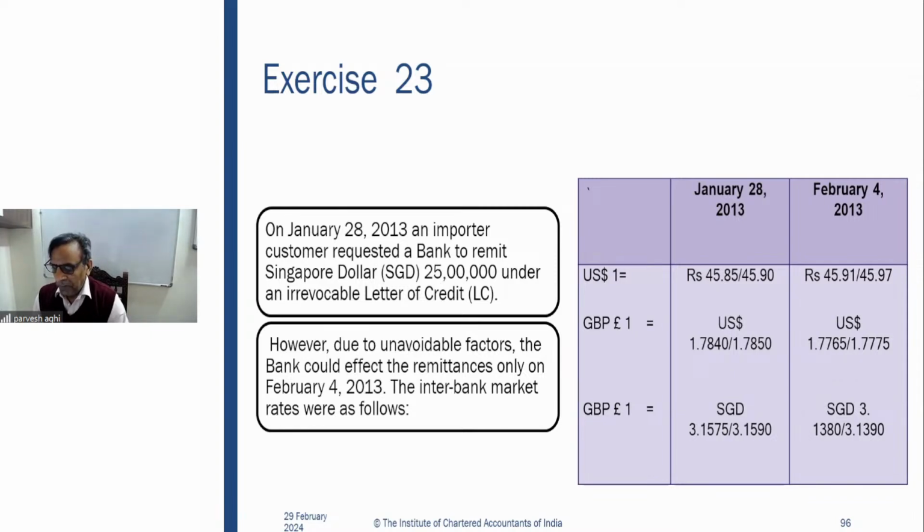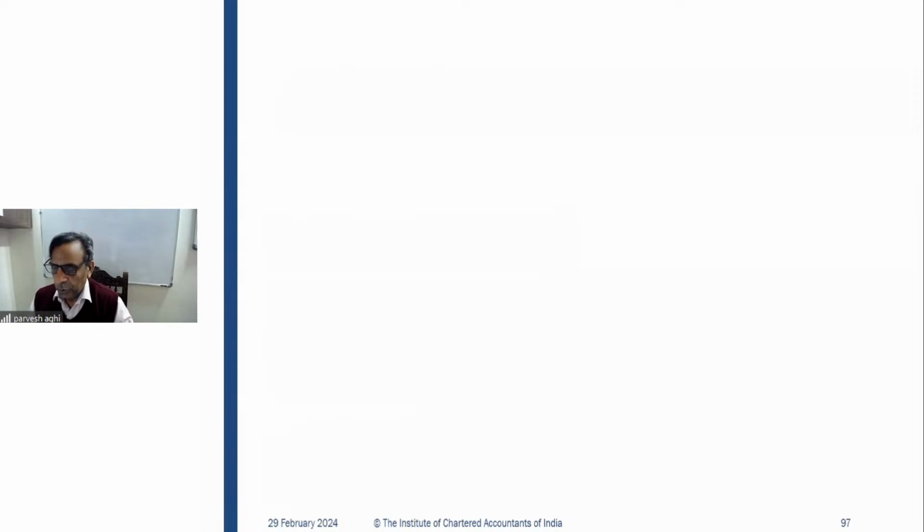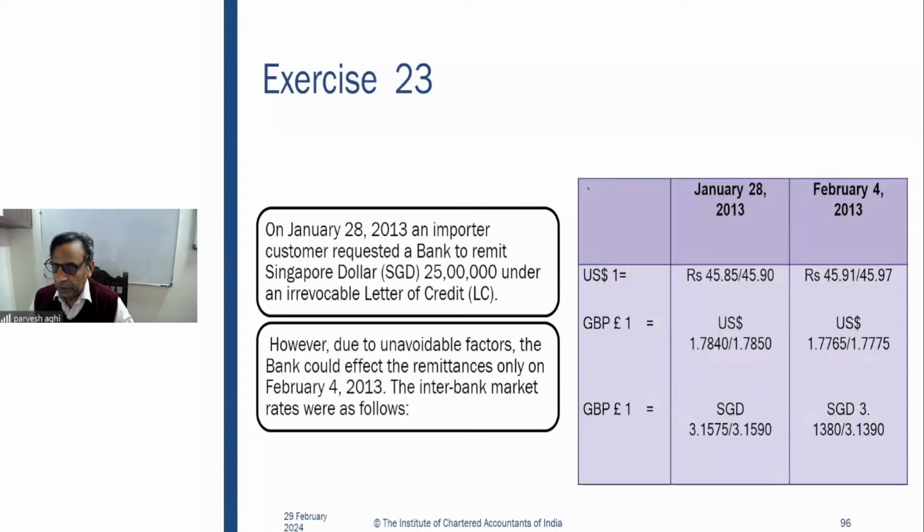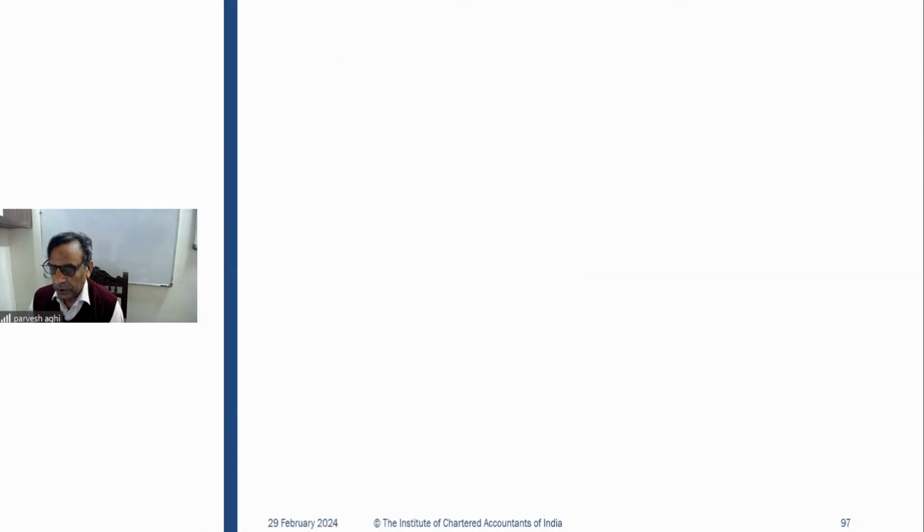So we need to calculate the rate for Singapore dollar on both the dates, to understand how much he's losing or gaining because the payment was made only on February 4th, 2013, as against it was supposed to be made on January 28, 2013.